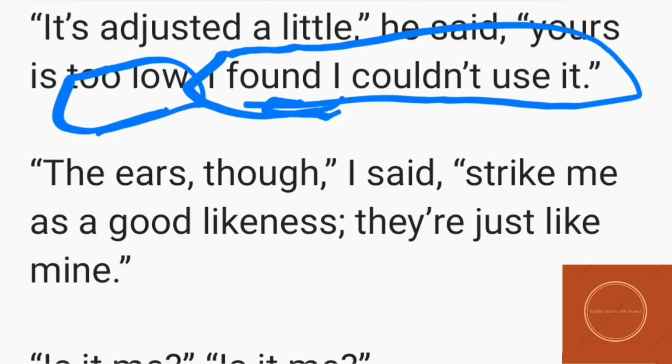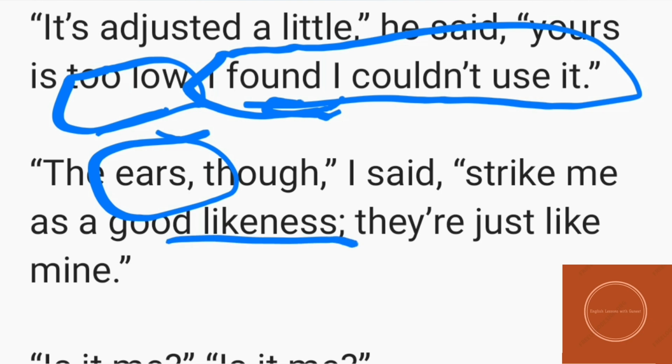Now there's something which the man really feels is his own, that it is the real him, and that thing is his ears. Though the photographer had made comments about the ears also in their first meeting, he did not make any changes in them. So the man is saying that the ears strike me as a good likeness, meaning they seem good to me.